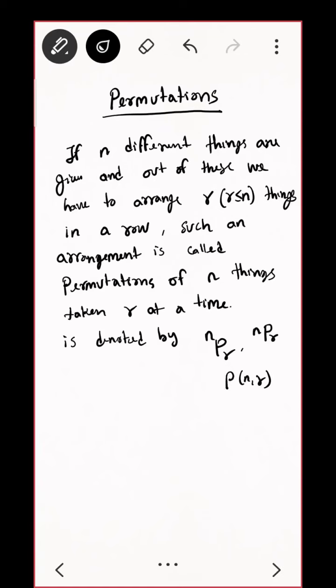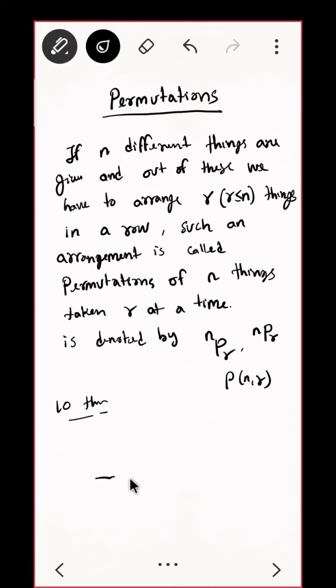Correct? So what are they saying? Just read it once again and you will get something. This is saying that if you are having n different things given, out of these we have to arrange r things in a row. That means, I am giving you 10 things and I want to arrange only 5 of them.